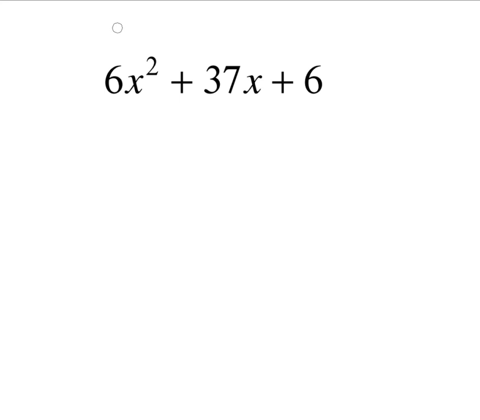There we go. So I have ax squared plus bx plus c. This is the standard form of a quadratic equation, right?